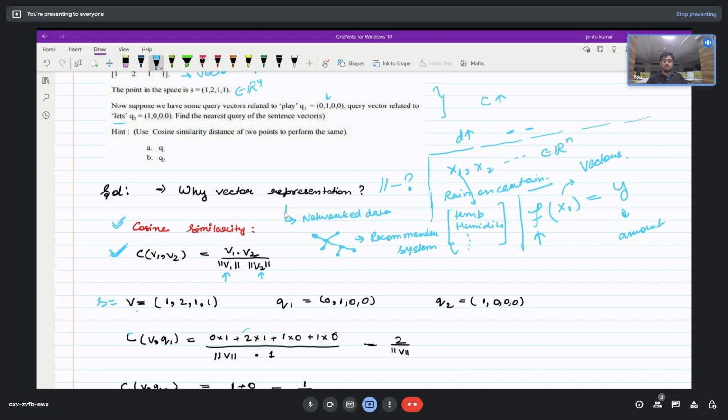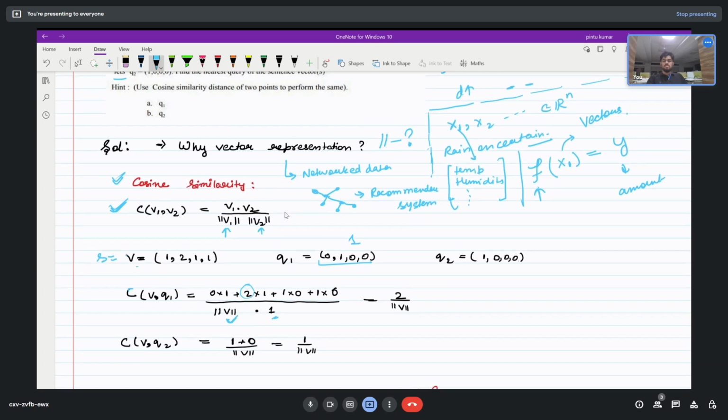So you get 2 on the top. And if you look at this vector, its norm is simply 1, so I've written 1 over here. I've just skipped the norm of v because we only have to compare these two queries, so what's the point of solving for this norm? For the second point also, we can find this as 1 by v. Now, if you look at these two quantities, you can compare them.